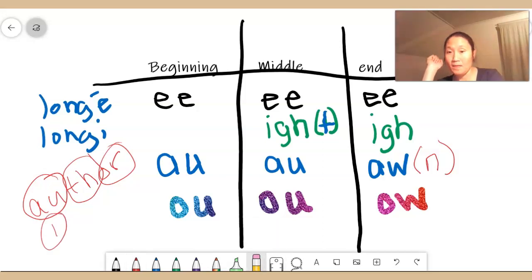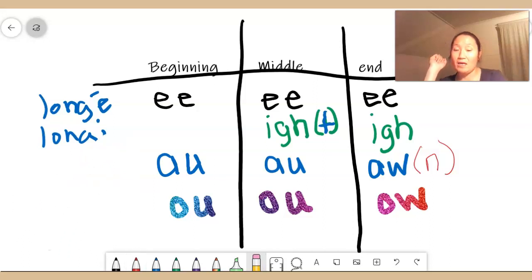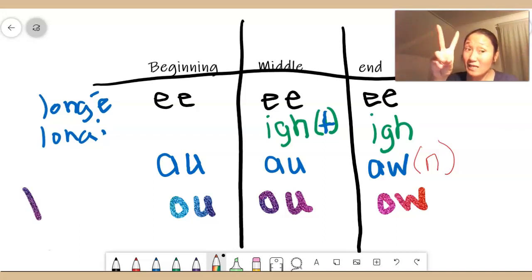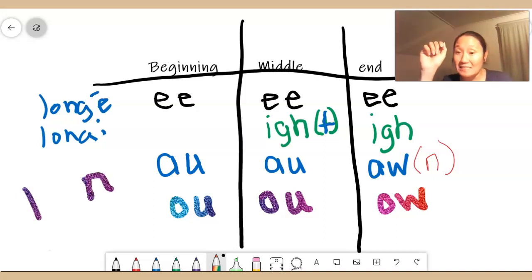Okay? Now, if you have, for example, L, aw, lawn. It sounds like it's in the middle, but it's not because it has that N. When you have that sound, you have to put it AW.